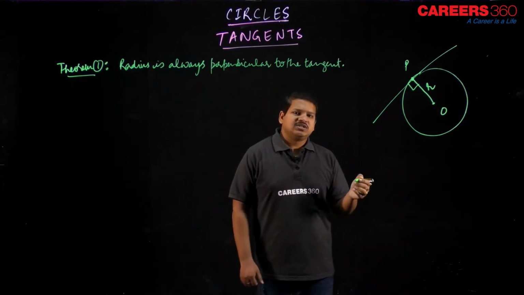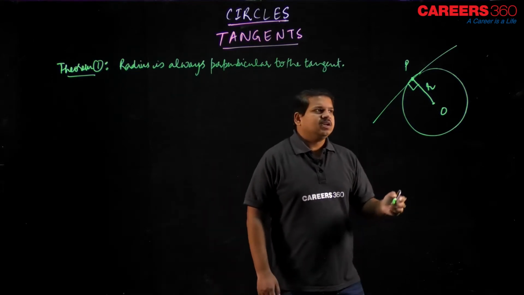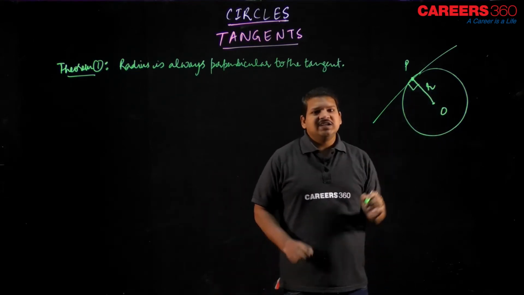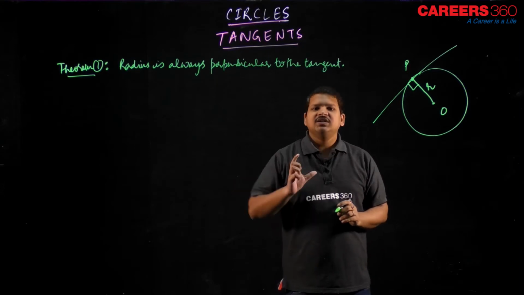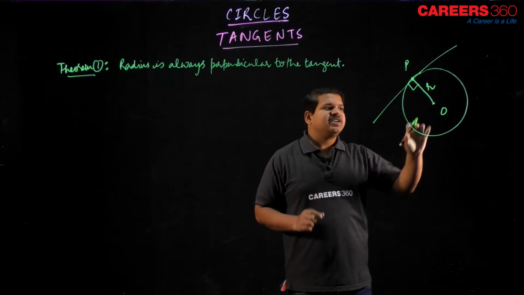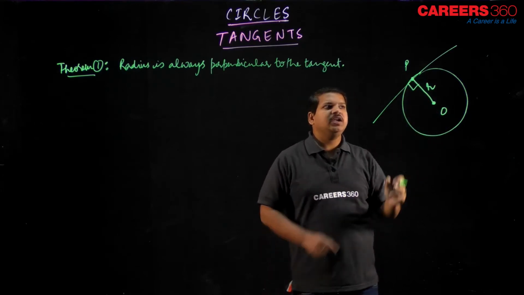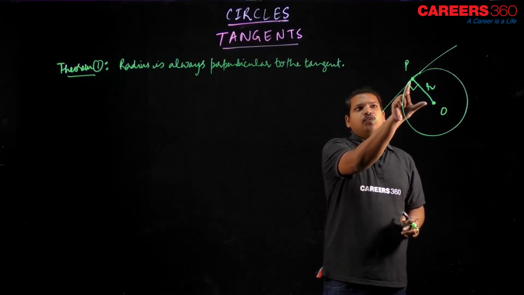That is, this angle right here is 90 degrees. And if you want to understand the proof of it, that can also be done. See, radius is what? The line joining the center to that point.